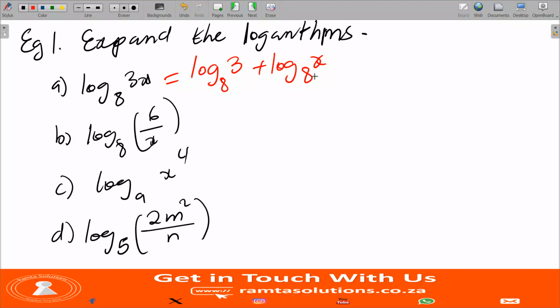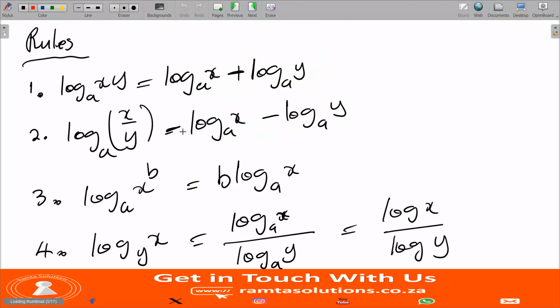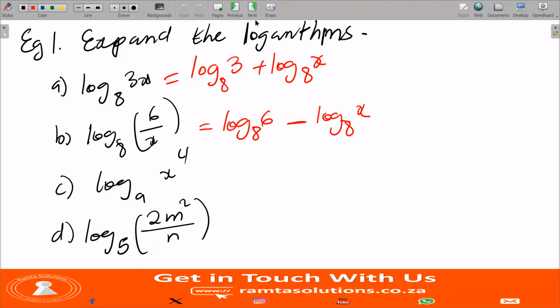Now, looking at this one, it seems like it is rule 2. That is log 6 base 8 minus log x base 8. Let's go back to confirm. Indeed, rule 1 and rule 2. Okay, perfect.